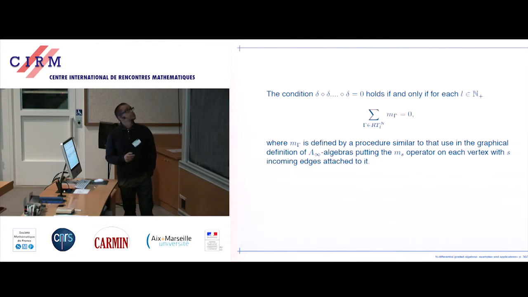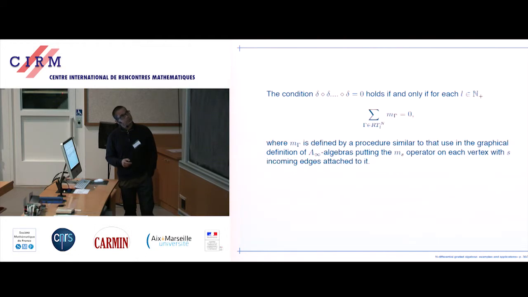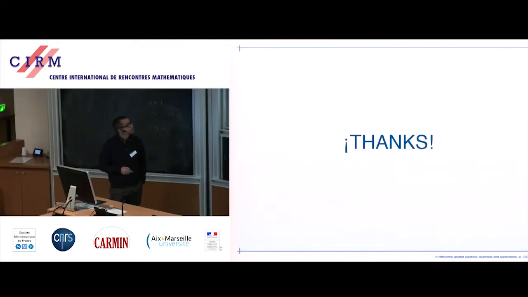The nilpotency condition means that you have to sum over all products, or all graphs, with these conditions, and set it equal to 0. So for all graphs satisfying this condition, you will have a diagram similar to this. And the condition for an infinity algebra generalized in this sense is that this will be equal to 0. And this is what I have prepared for today.